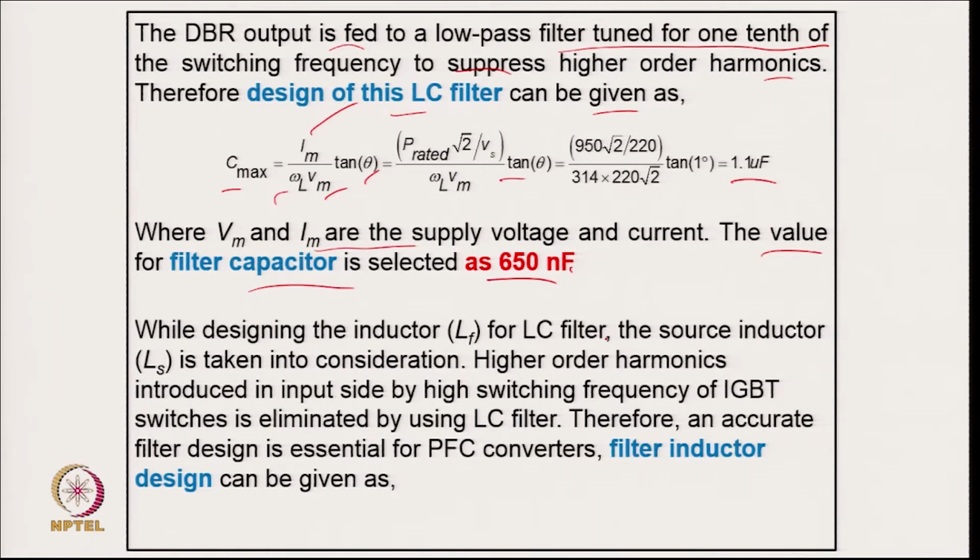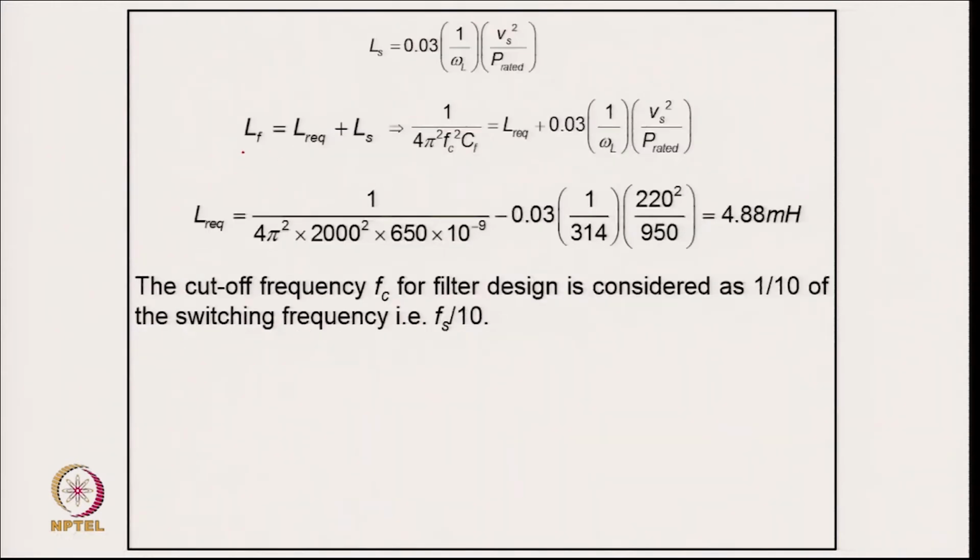Now, while designing the inductor for this LC filter, the source inductor is taken into consideration. Higher order harmonics introduced by the high switching frequency of the switching device are eliminated by using the LC filter. Therefore, an accurate filter design is essential for a power factor correction converter, and the filter inductor is calculated typically from this relation, where LS is the source inductance calculated from this relation.